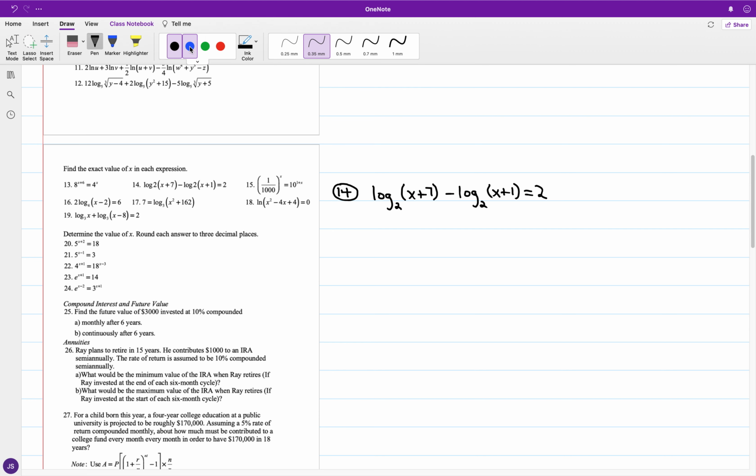So x plus 7 and x plus 1 must be positive, and both of the terms are in base 2 logarithms.